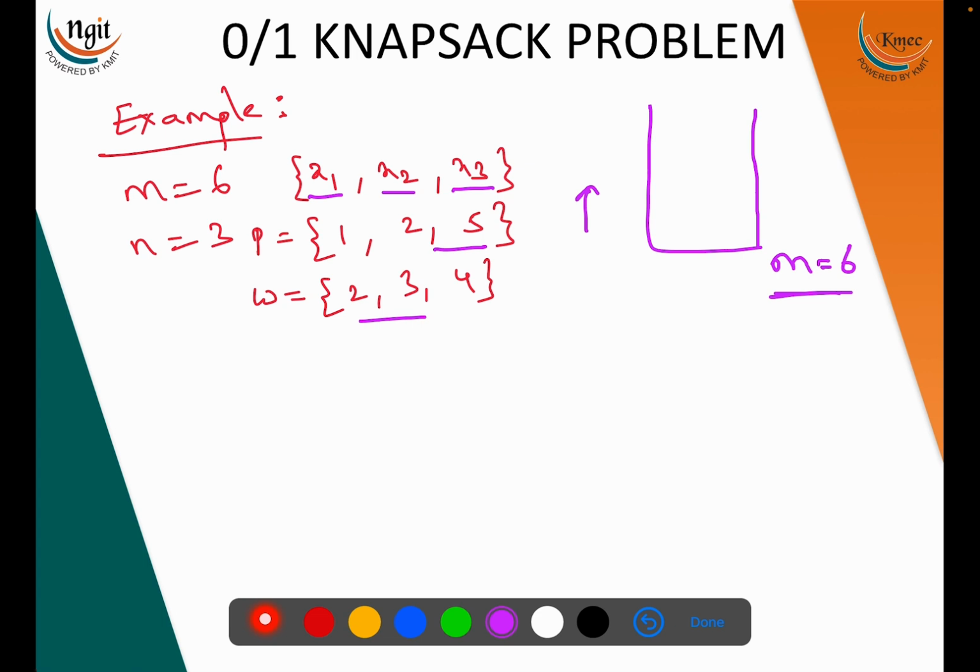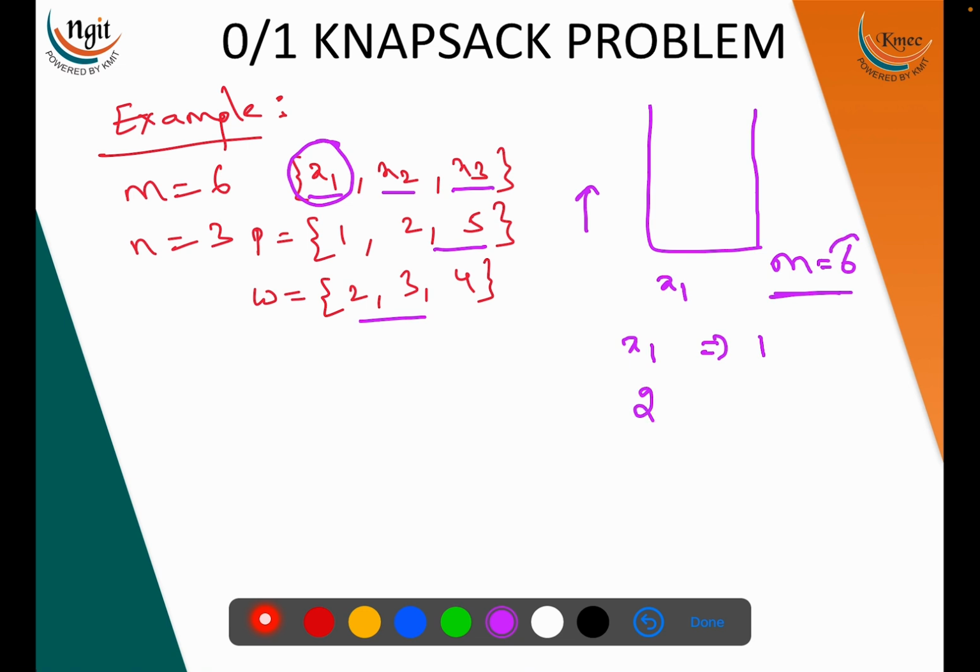First, let us think about the way we will place the items. As I have the first item, think whether I can place the x1 item into this bag. If I place x1 inside the bag, what is the profit? If I place x1, I get a profit of 1 and the weight is 2.